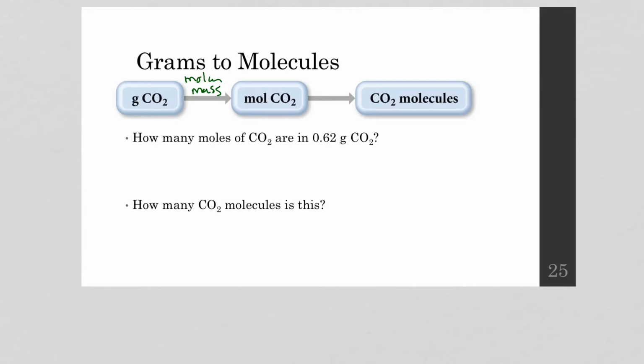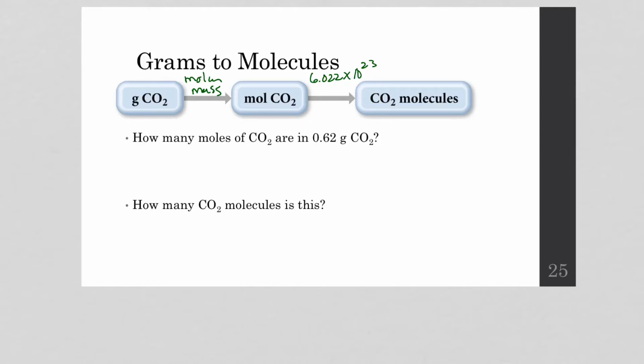Anytime we want to convert from moles to individual items, we're going to use Avogadro's number, or the number of individual items in a mole. So 6.022 times 10 to the 23rd molecules of CO2 per mole of CO2. So we can work with these just the same as we did with atoms.